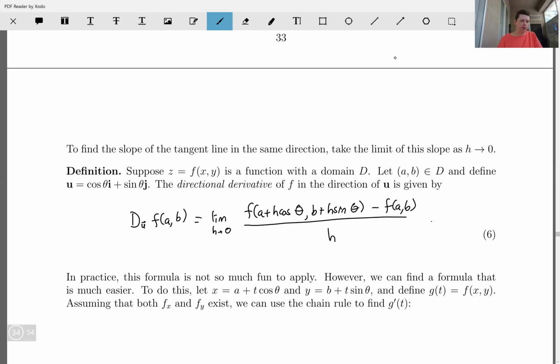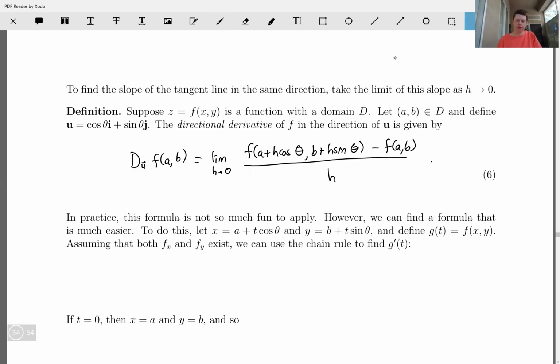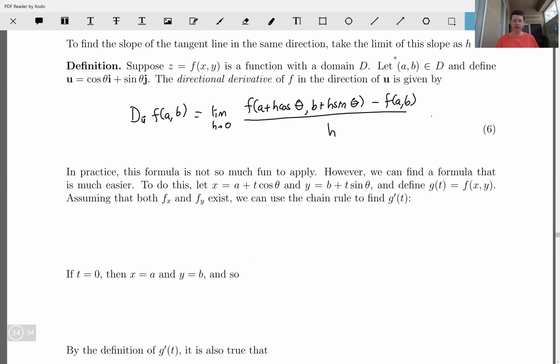Of course, in practice, this formula is not too much fun to apply. However, we can find a formula that's much easier and user-friendly. To do this, let's define x to be a plus t cosine theta and y as b plus t sine theta. We'll define a new function g of t to be f of (x, y).